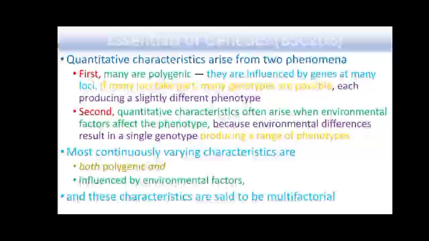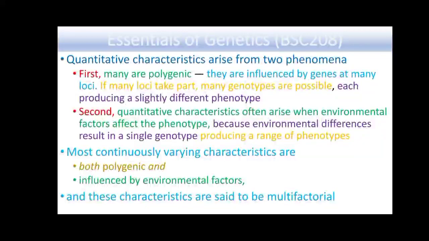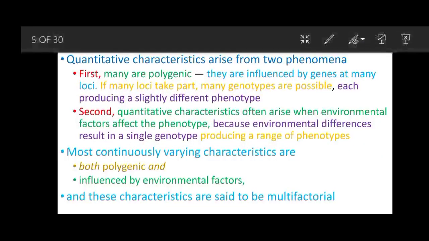Quantitative characteristics arise from two phenomena. The first one is that many are polygenic. They are influenced by genes at many loci. So many genes are involved in creating the variable phenotypes.